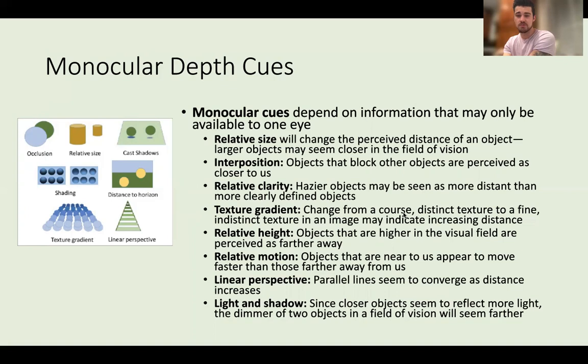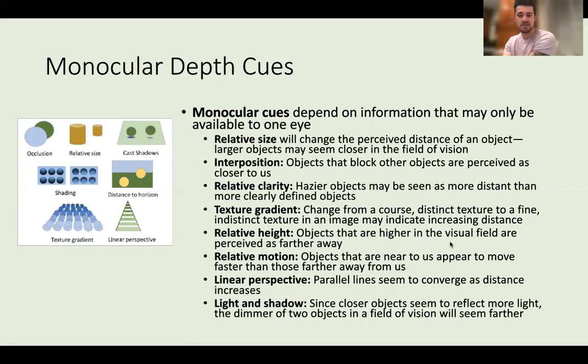Texture gradient: a change from a coarse, distinct texture to a fine, indistinct texture in an image may indicate increasing distance. You can look over here at this texture gradient. If we have smoother shapes in the front and more indistinct shapes in the back, this texture gradient will make it seem as if we are moving farther away.